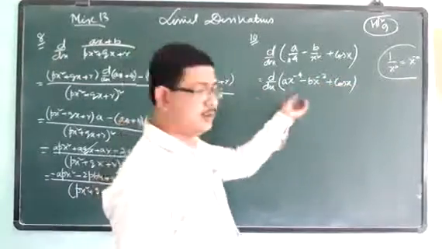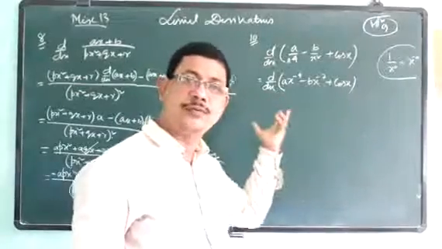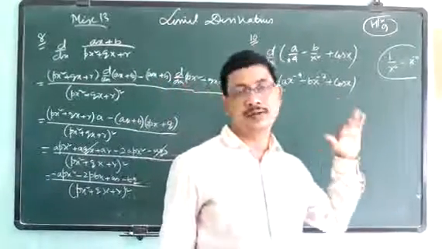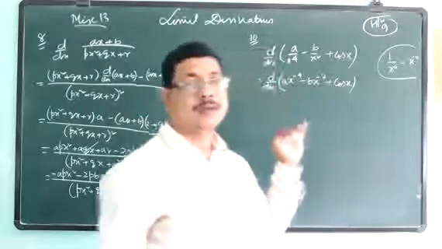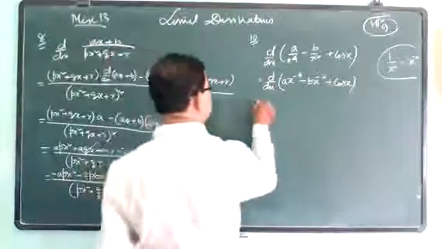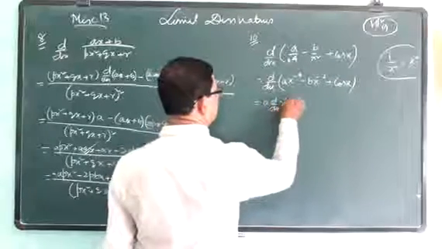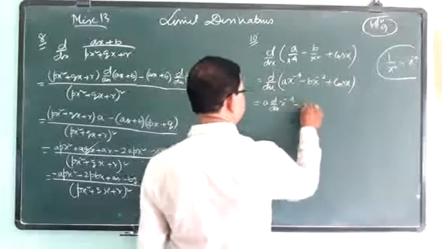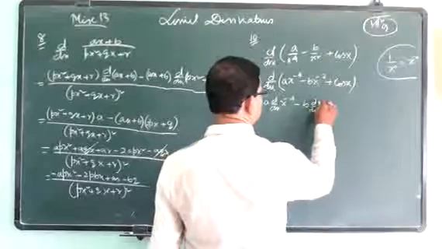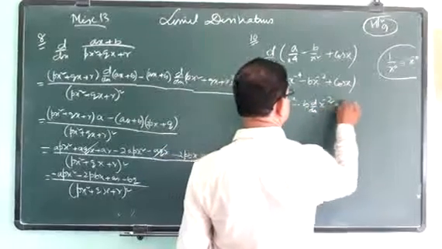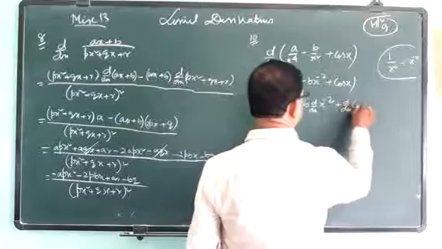So you see that if we modify in this form, it will be easier for us to complete this one. Now you see a d/dx of x to the power minus 4, b d/dx of x to the power minus 2, d/dx of cos x.